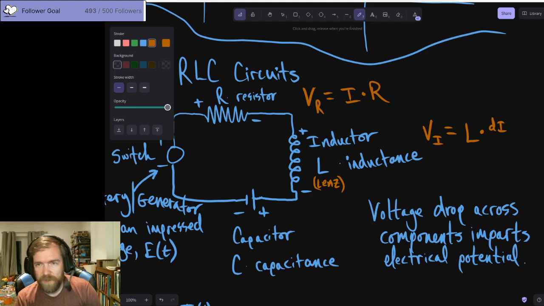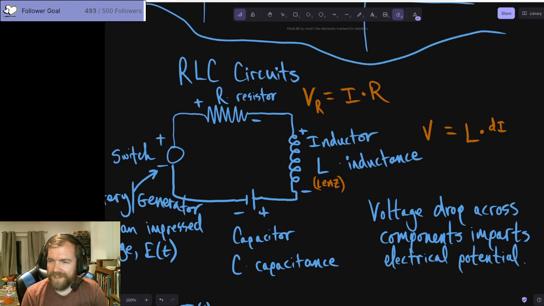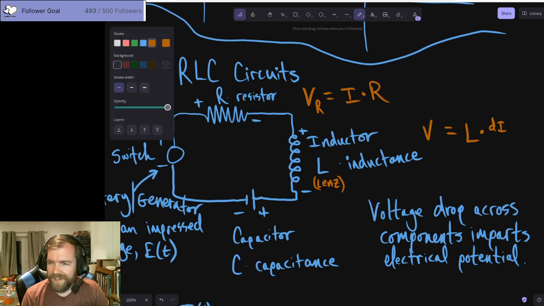See, this is why I didn't want to use a capital I. It is going to be our inductance times di dt, the change in the current, which is just going to be L times I prime if we want to use that. It kind of depends on what variables we're going to be using as we go through this whole thing.